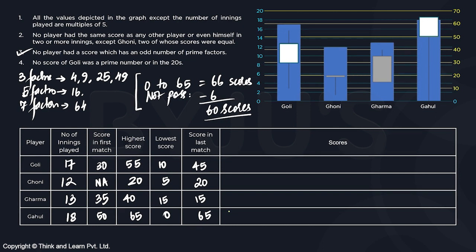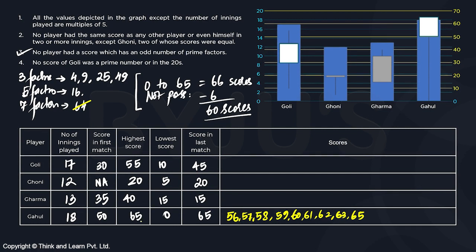All the scores more than 55 will go to Gahul, which is 56, 57, 58, 59, 60, 61, 62, 63. We can't take 64, so we will take 65. So these are 3, 6, 9 scores so far that are possible, the 9 innings that Gahul has played.